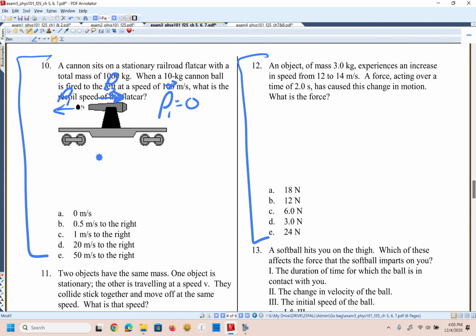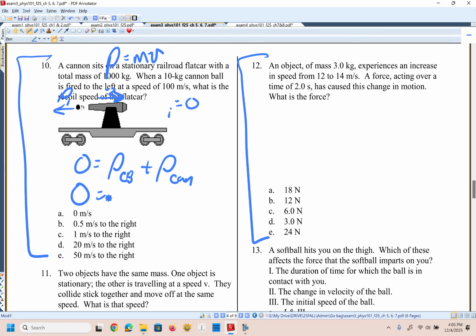So the initial momentum is 0, and that's going to equal the momentum of the cannonball plus the momentum of the cannon. All right, so I covered up some of my stuff. Let me see. Remember, P is equal to M times V.